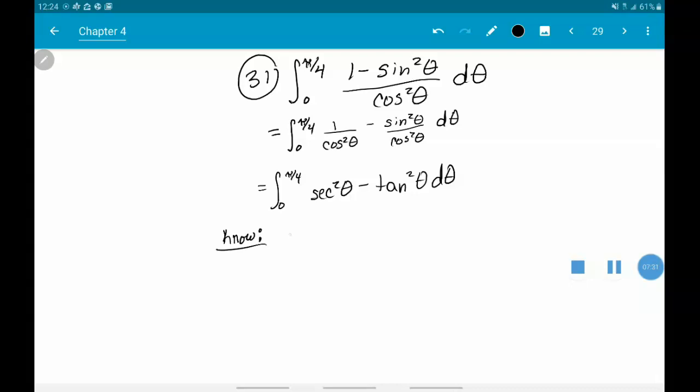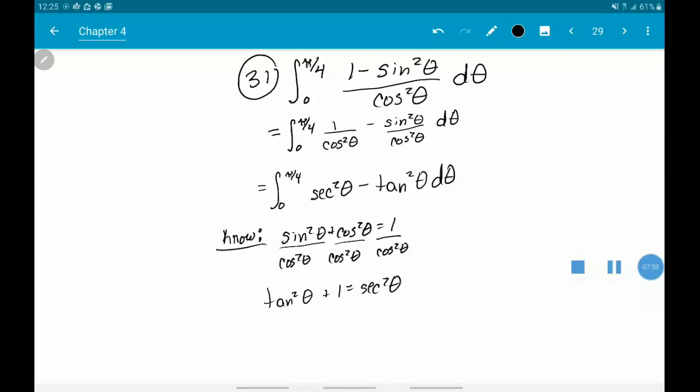Pythagorean identities. We know that sine squared plus cosine squared is equal to 1. So if we were to divide everything by cosine squared, we can get one of those other trig identities. This is something you probably saw back in 172. This is tangent squared plus 1 is equal to secant squared. So we could reorder this.